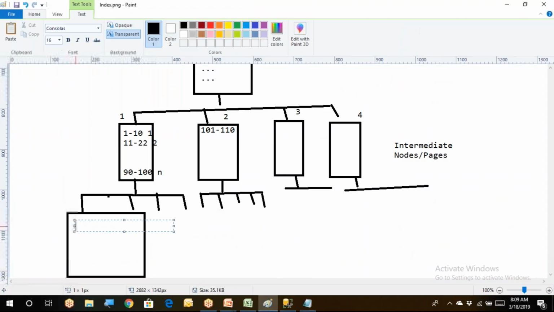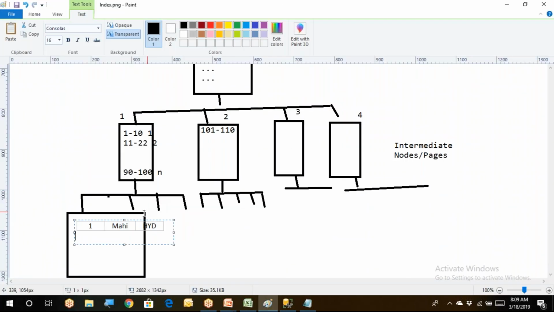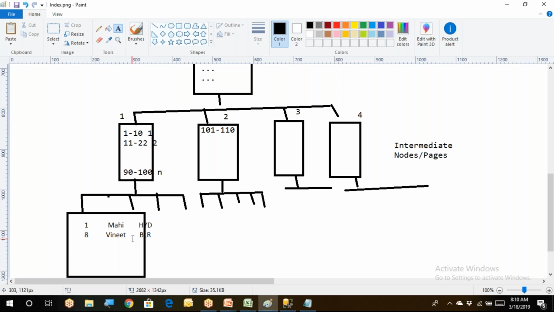So the physical data is going to be coming here. The first page data is going to be occupying the first page, then you have a second page, then you have a third page. A lot of things are going to be occupying.